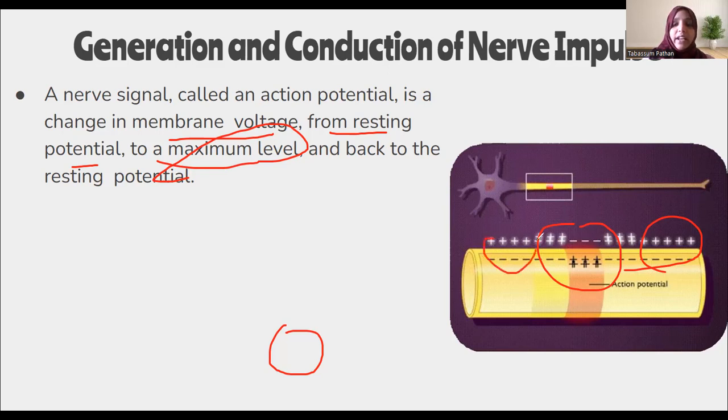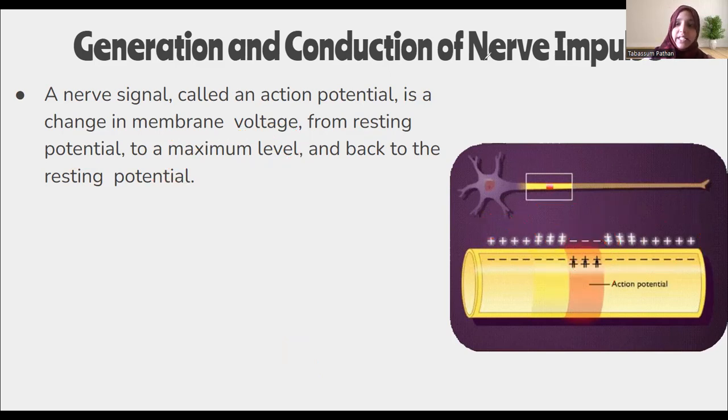Let's say it is at the resting potential. When the action potential comes, this resting potential moves to the active state. Once the electrical impulse is there, it transmits to the next site and this site goes back to its previous, resting state.